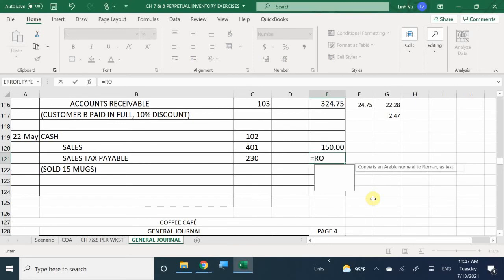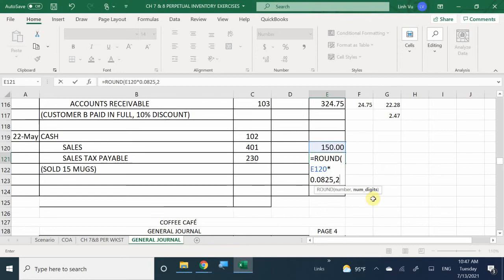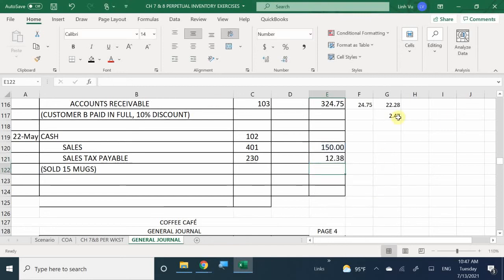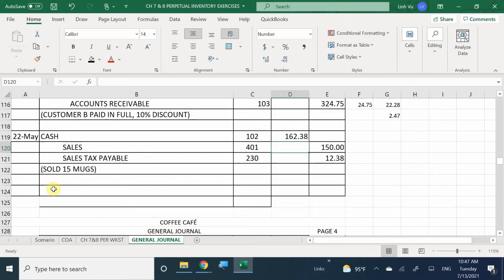How much tax am I going to be collecting? $12.38. So in grand total, how much cash am I going to be receiving? $162.38. Good.